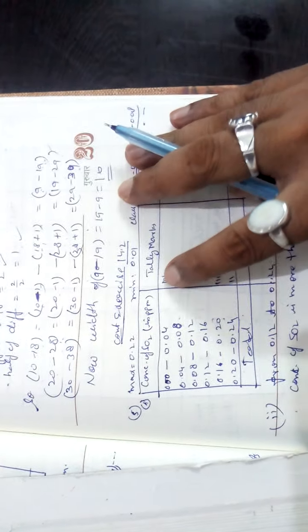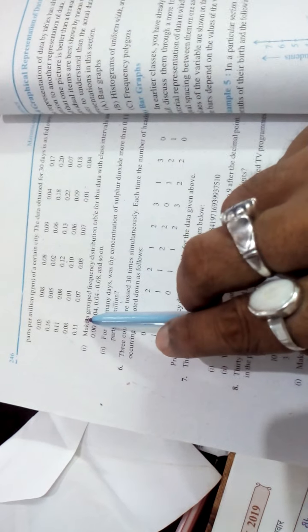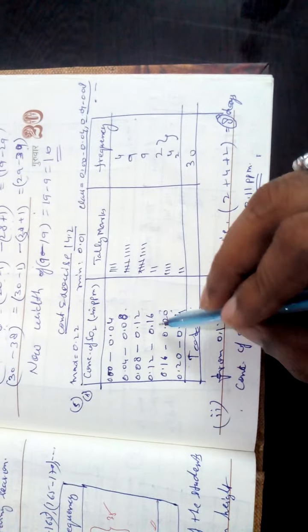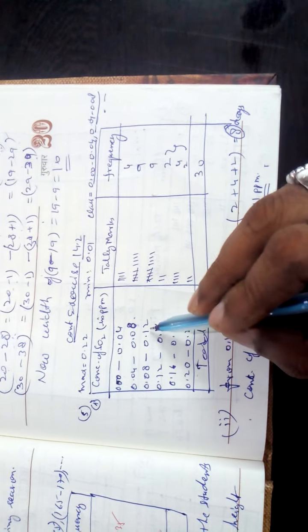Then you will put the tally marks, as I told you in the previous questions. You read the values one by one, see what value is given, and according to this you put the tally mark. And you get your solution: 4, 9, 9, 2, 4, 2. So 0.11, 0.12 is not included, it is a joint interval.